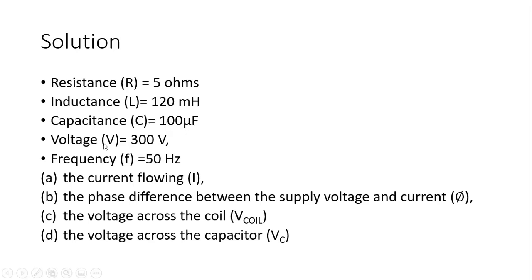We are given the voltage V, which is 300 volts. We are given the frequency F, which is 50 hertz. What we don't have is the current flowing in the circuit, the phase difference between the voltage supply and the current, the voltage across the coil, and the voltage across the capacitor.